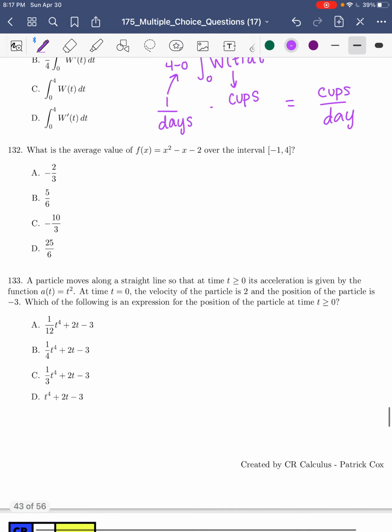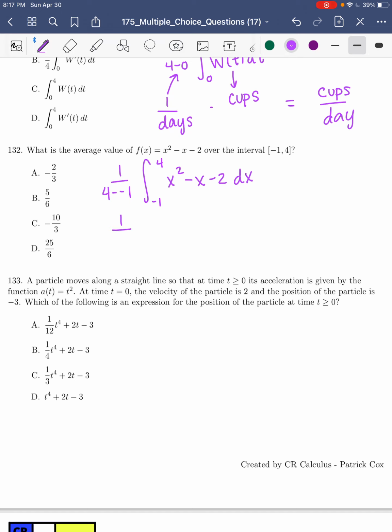132 is another average value. So right away we should just set up our antiderivative. So it's 1 over 4 minus negative 1, the integral from negative 1 to 4 of our function. And I'm just going to do this like a normal problem.